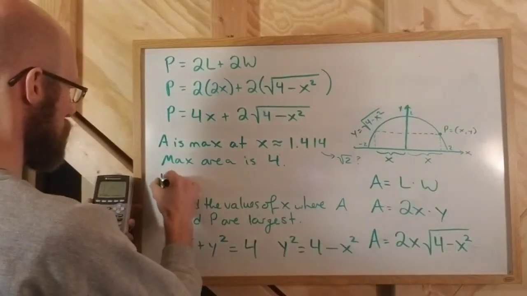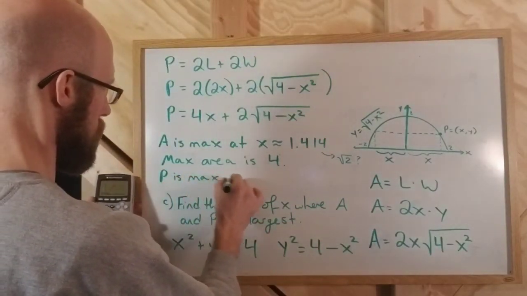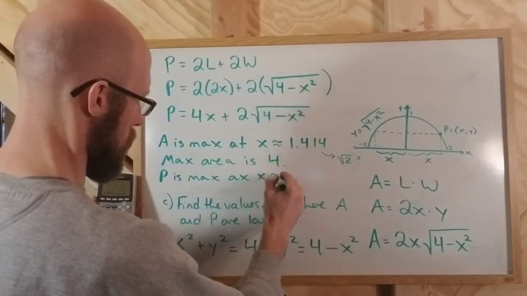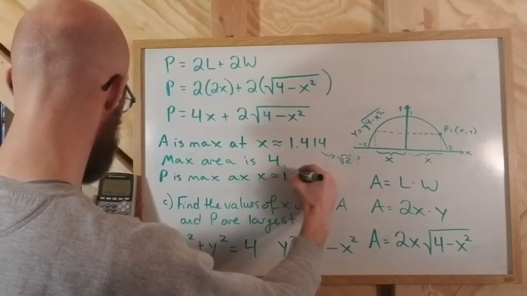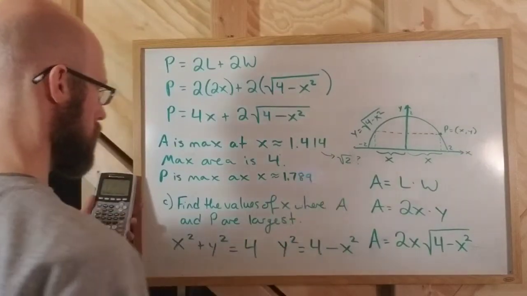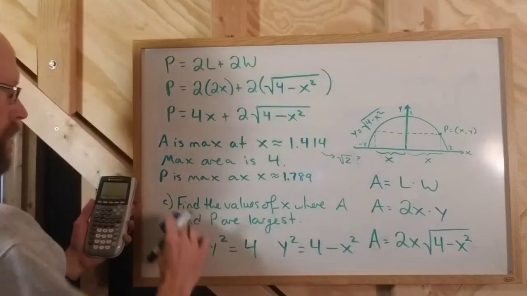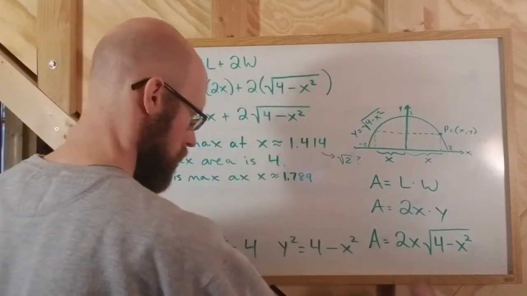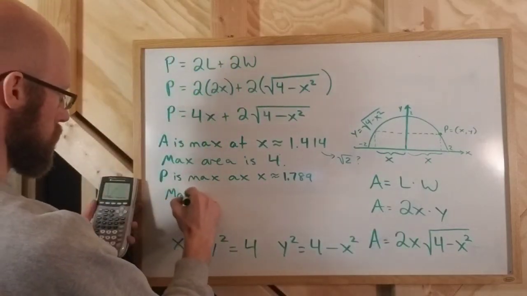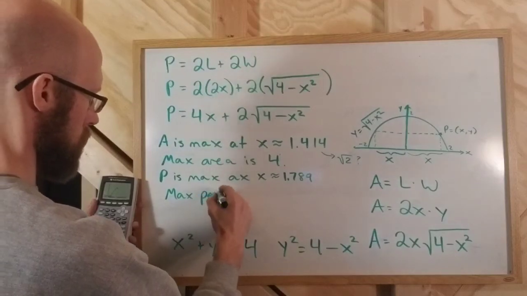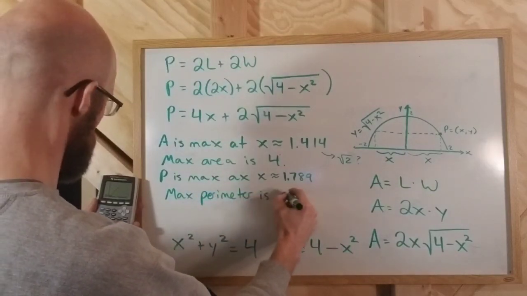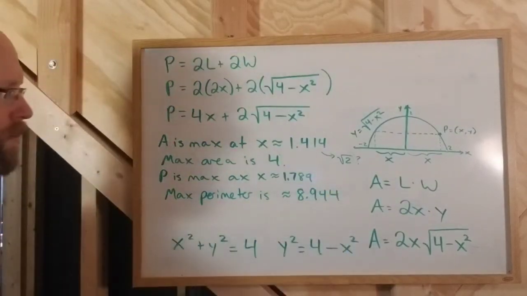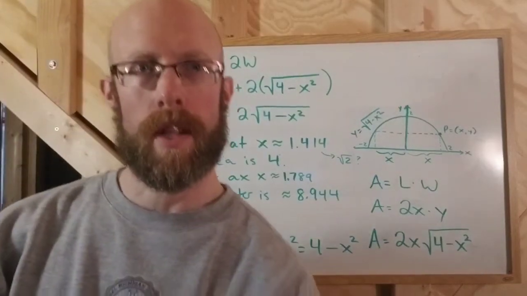So P is max at x approximately 1.789, and then the actual maximum perimeter is approximately 8.944. Okay, so I'm just rounding these off to 3 places after the decimal.